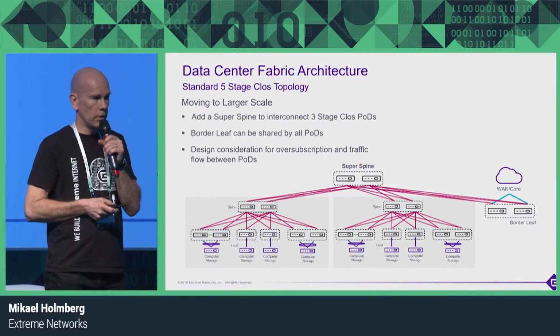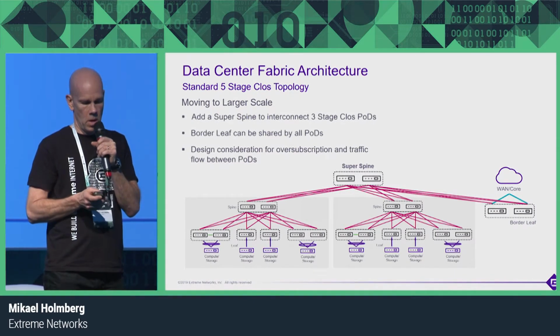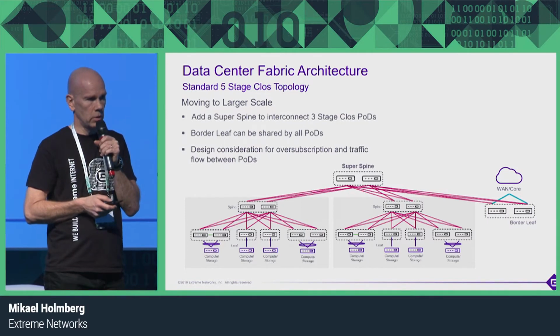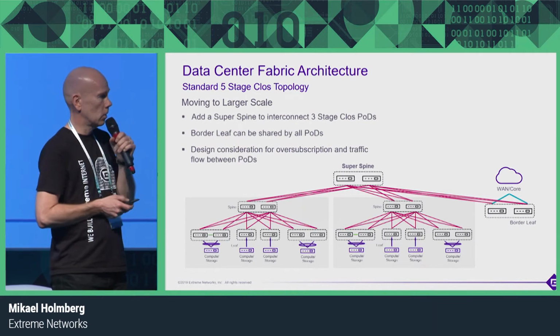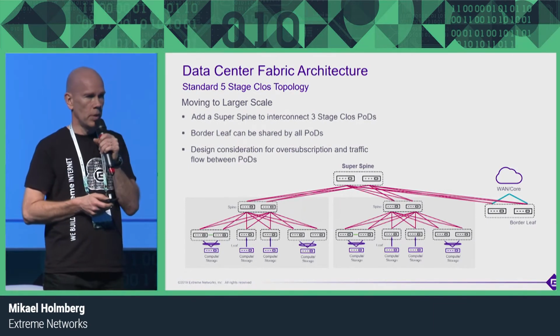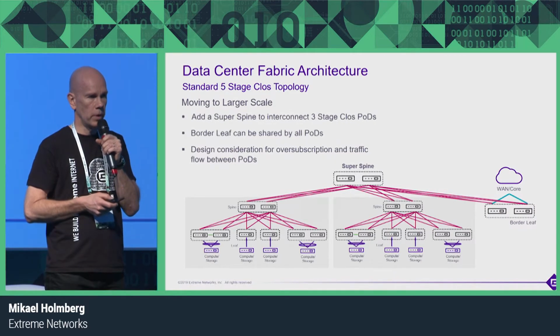And obviously the border leaf can be shared between the different parts here. And as mentioned, for the oversubscription, it's becoming even more key here when you start to look at something like this, to make sure that you calculate your oversubscription ratio that you would allow in such a design.